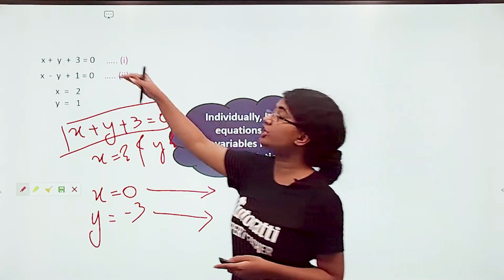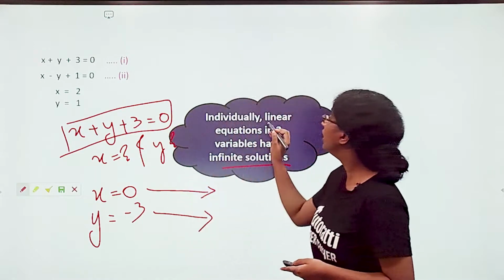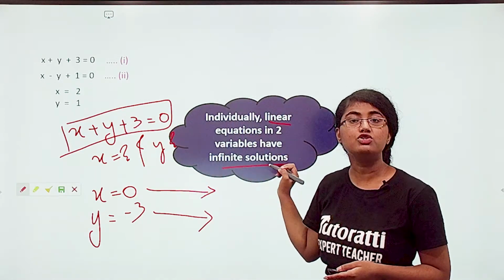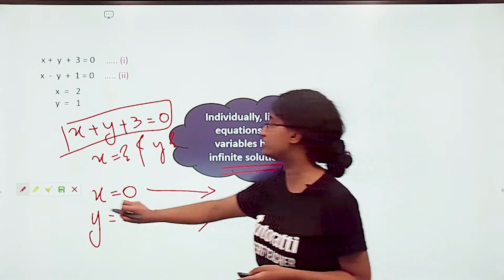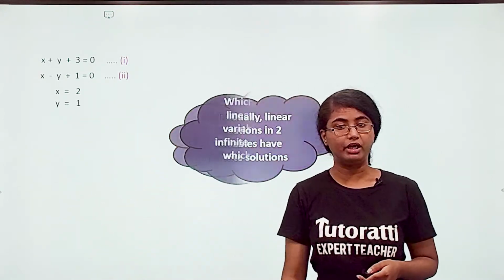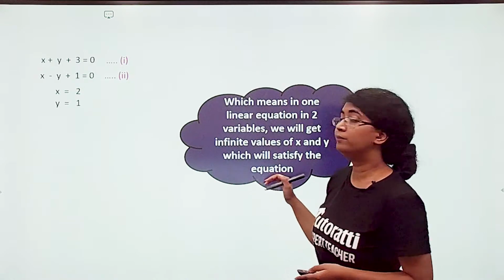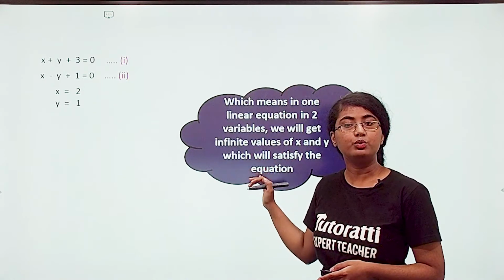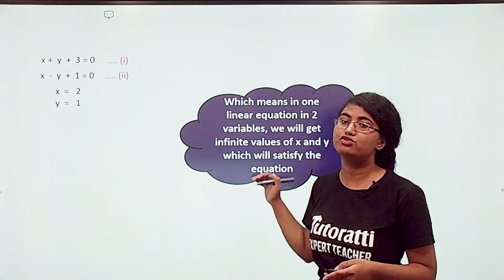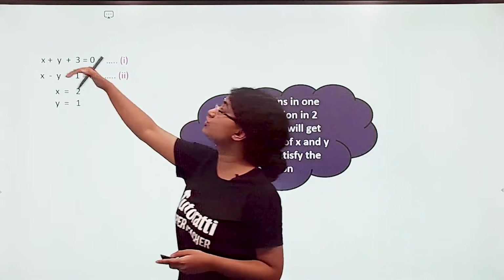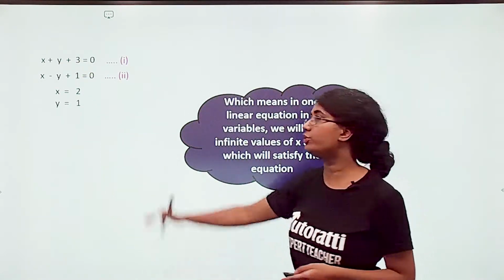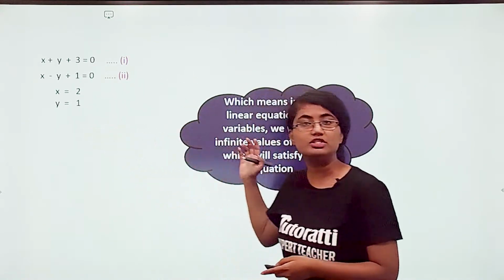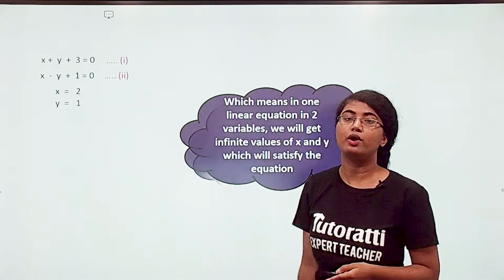If you take one equation at a time, a linear equation in two variables will have infinite solutions, okay? We just saw it right now. If you want, you can take any one of the equations and find the statement true for yourselves, alright?